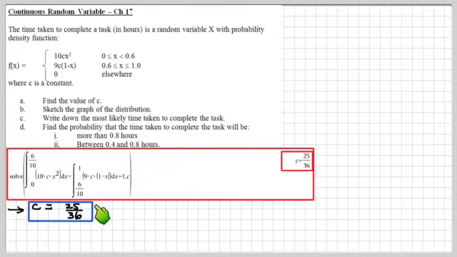If you forced it to be exact mode, you might get this answer more easily, but I got the decimal first, and then rewrote the integrals with fractions instead of decimals and got the answer I needed, 25 over 36. That's the first bit.